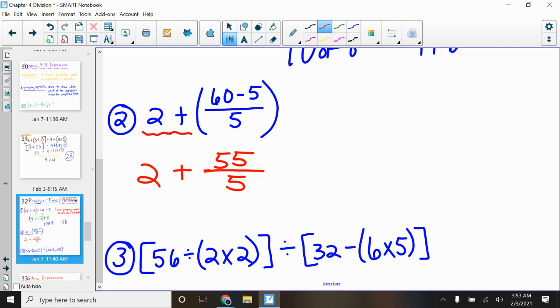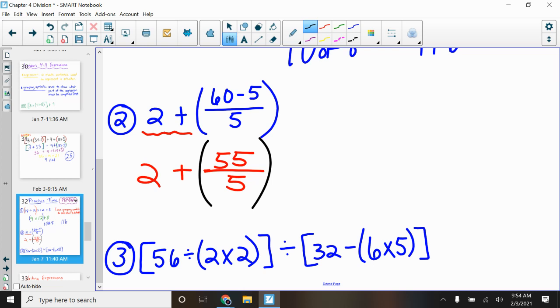Okay? Then where should her grouping symbols have gone? If we were looking at a 2 plus 55 over 5, Hallie, where should they have gone? Yeah, they should have gone right here.